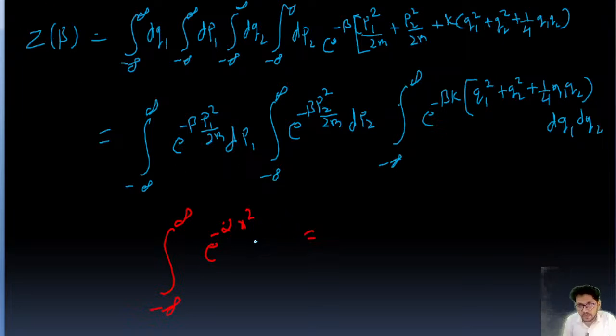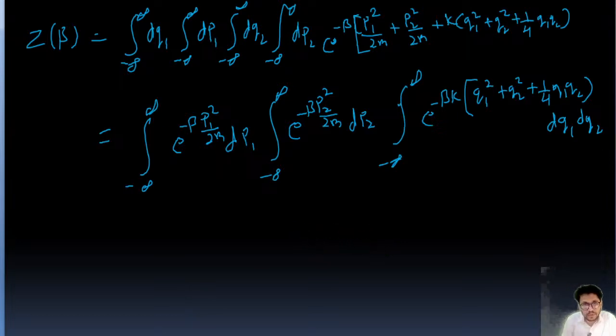I also explained this in my variational method class of quantum mechanics. This value is going to be root pi upon alpha. So here alpha is beta upon 2m, and we use this formula for p1 square dp1.